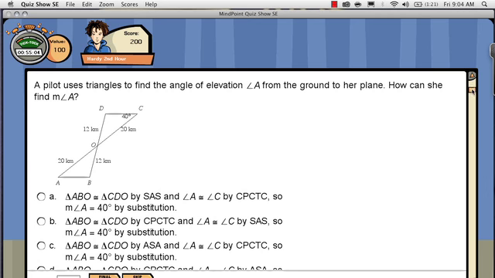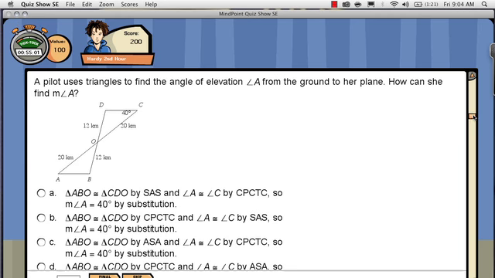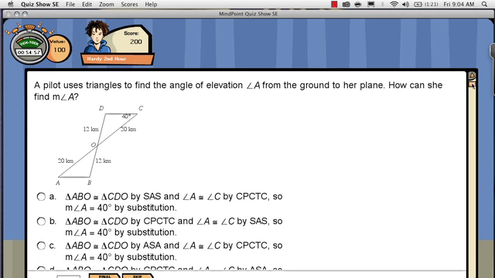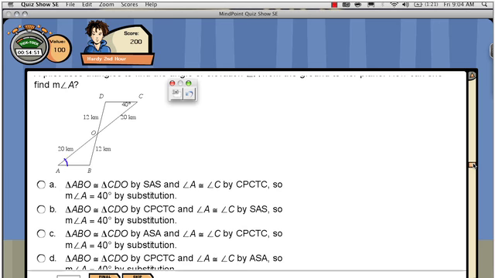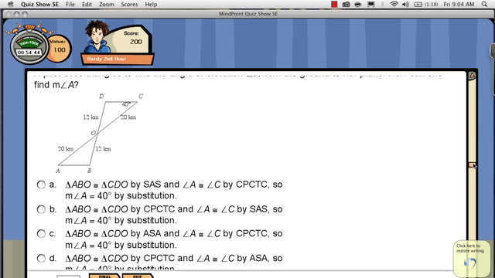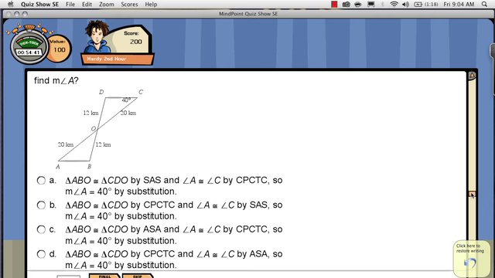So we're looking for angle A. All right, you think it's A?